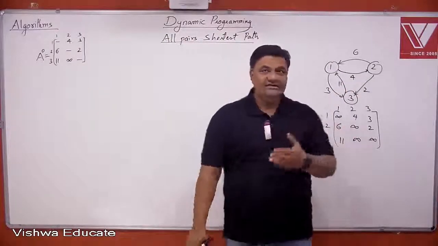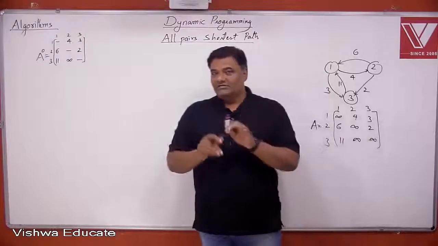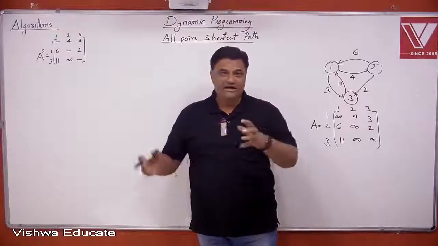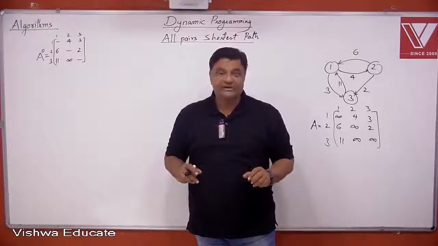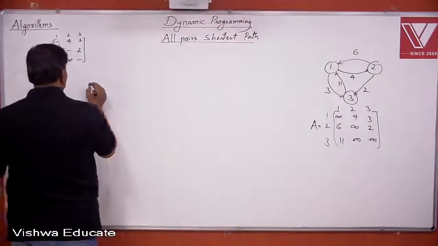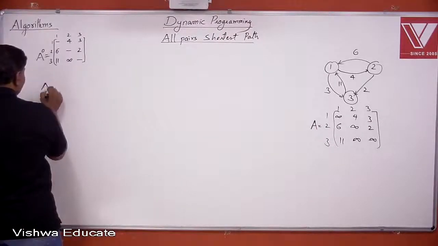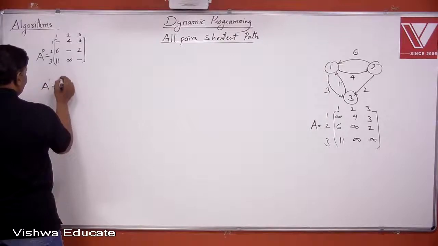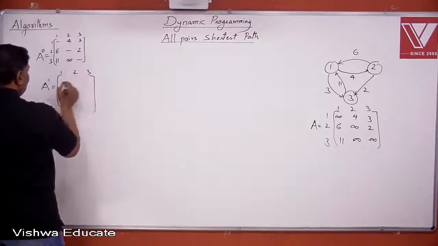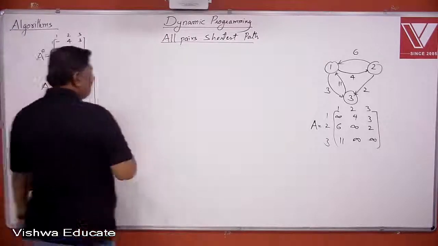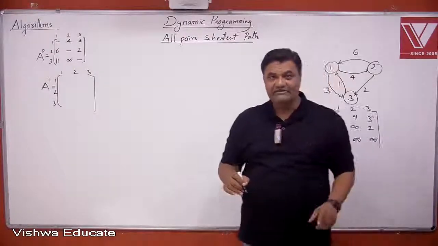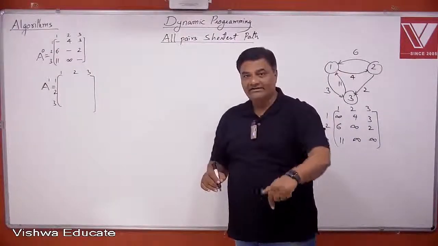Same matrix, A0. Now listen, we want to know the shortest path between every pair of vertices. So first we will try to find the shortest path between every pair of vertices going through vertex 1.